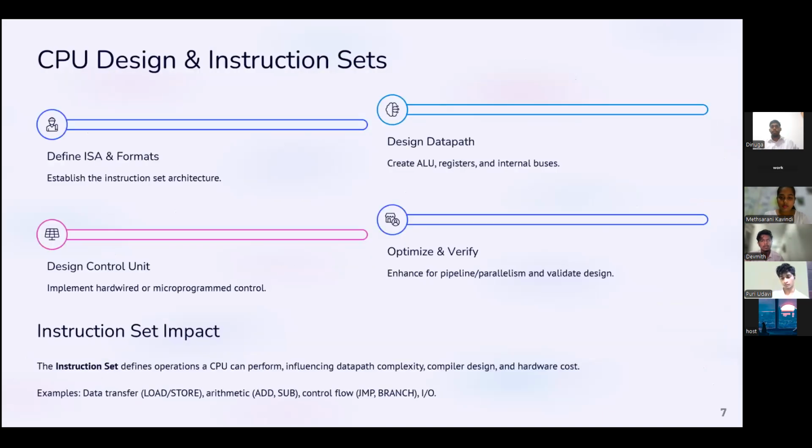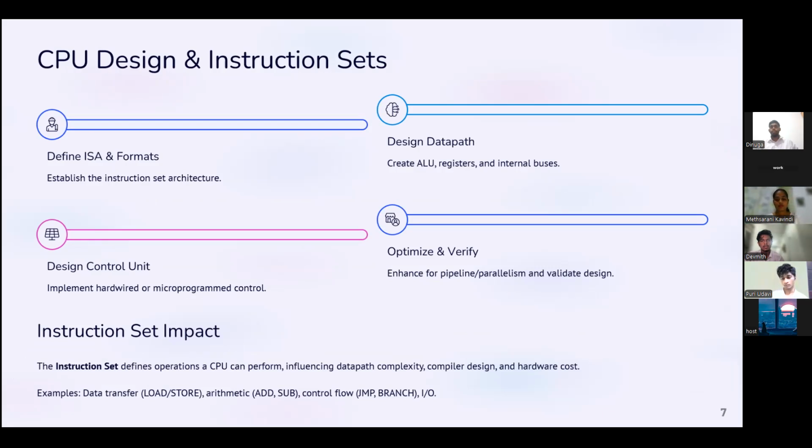Now let's look at the types of instructions a CPU can execute. The instruction set defines the operations the processor can perform. The main categories are data transfer instructions like load and store. They move data between memory and registers. Arithmetic instructions such as add and sub perform calculations.